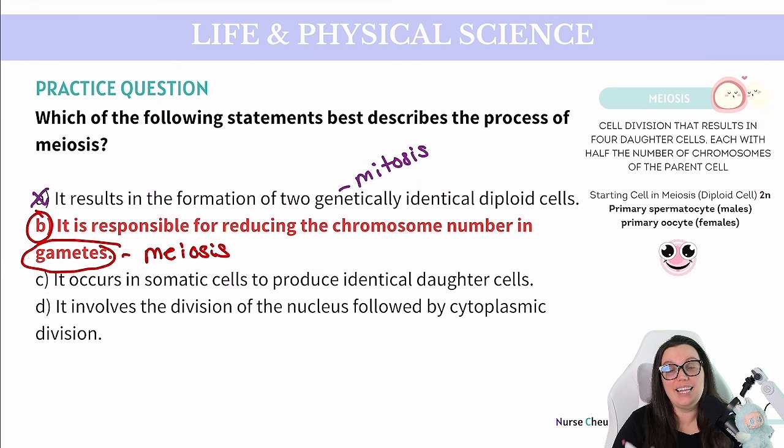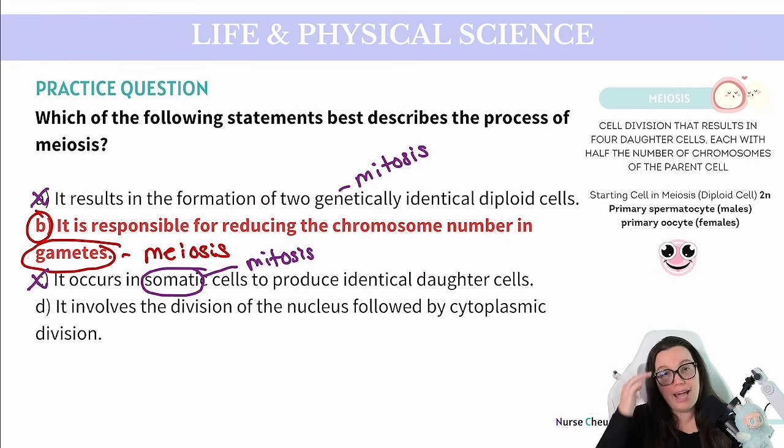Then for C, it occurs in somatic cells to produce identical daughter cells. So somatic cells is synonymous with the word mitosis. Somatic cells just means it's our body cells. So if we were to get a cut on our arm, what would happen is those somatic cells would go through the process of mitosis to create identical surrounding cells in order to hopefully not leave a scar on our skin.